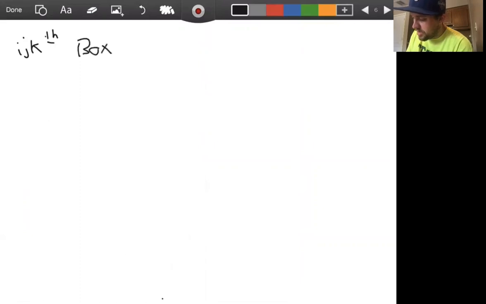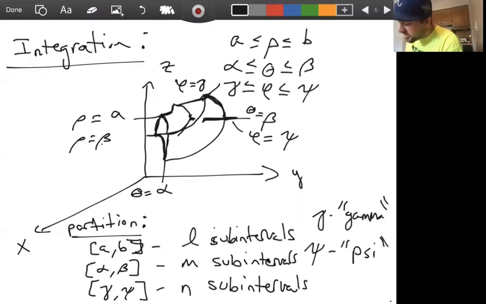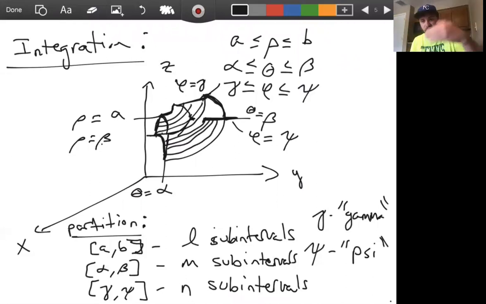box here. So remember, what are these partitions doing? Well, this is the rho partition here, where we're chopping up the increments of our radius. We also are chopping up the increments of theta, which looks like this. We're chopping up the theta interval into smaller increments.